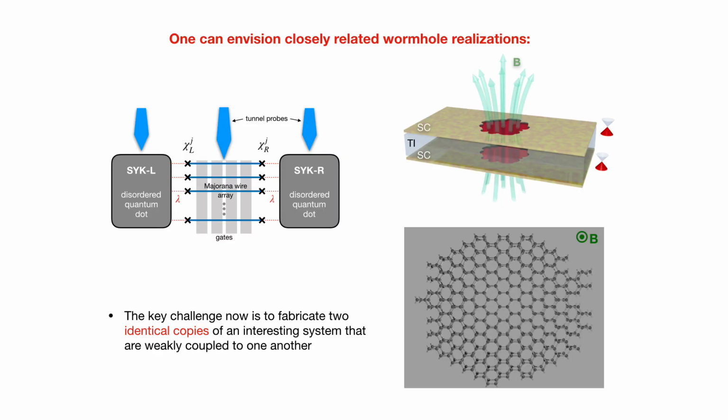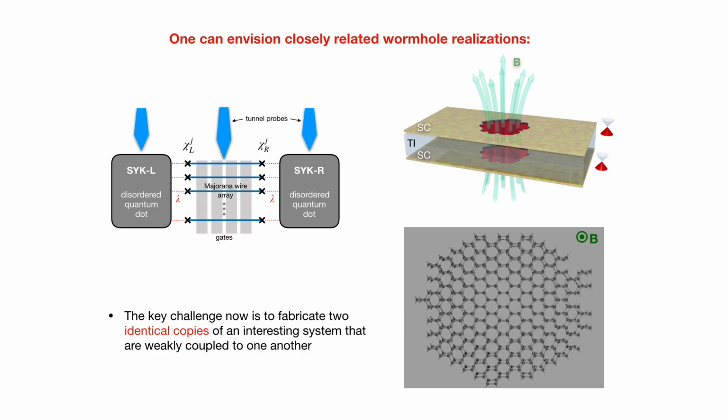There are challenges with this that I will mention, but pretty much every such realization that I had previously, for instance, Jason Alicea's quantum wires, can be naturally complemented to realize something that looks like a wormhole.